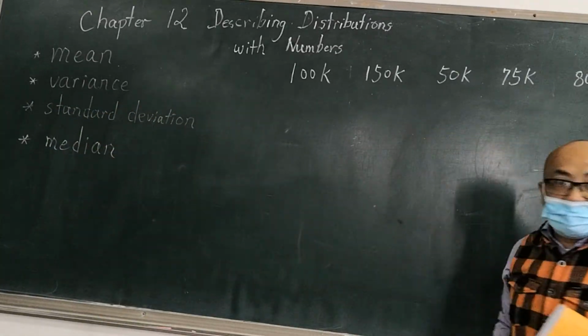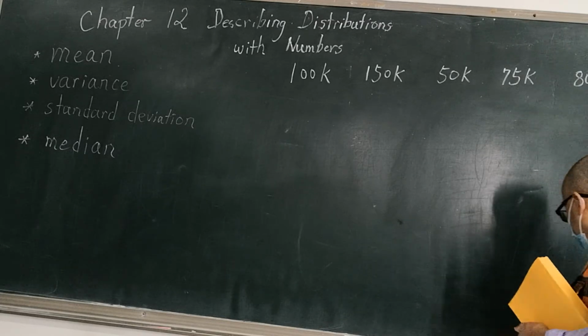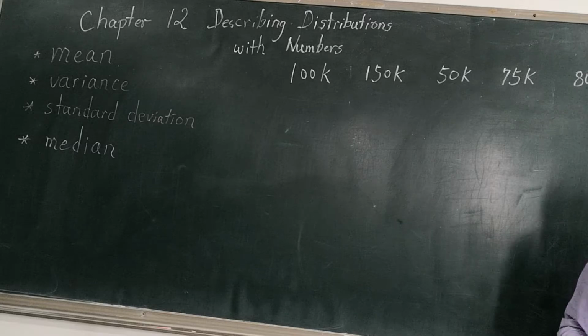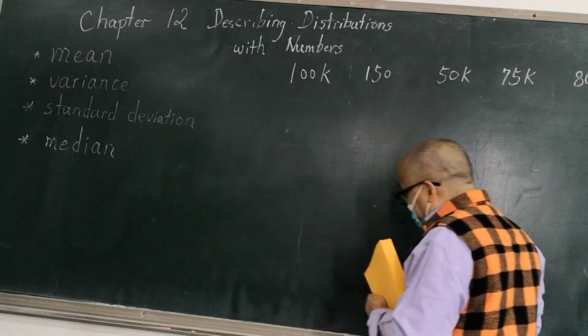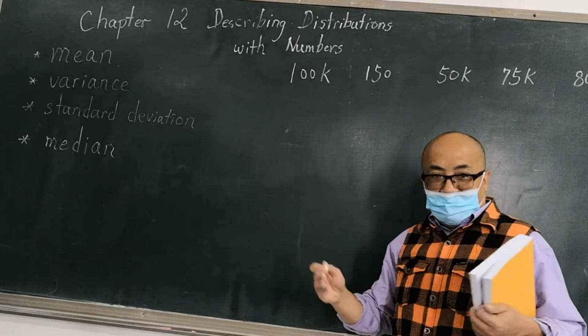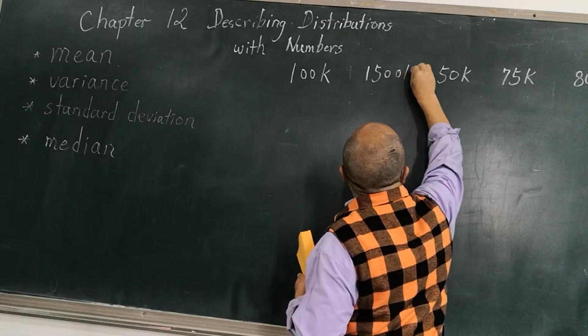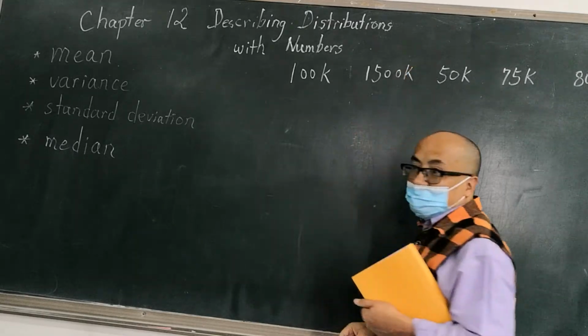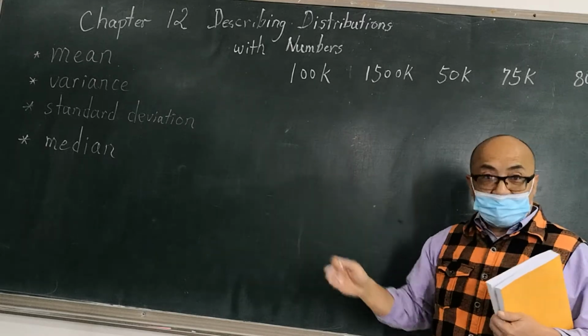Let's say Bill Gates, you know Bill Gates, likes this street. He moved in, and he remodeled his house. And this becomes 1,500K, his house.